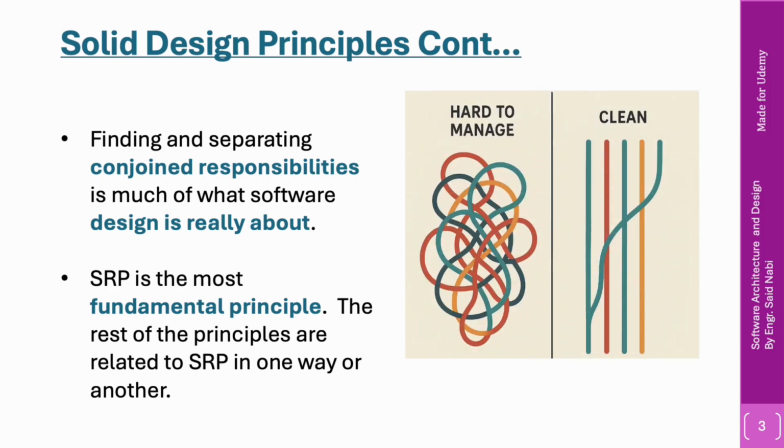And here you can see two types of wires, and these are tangled wires, and it's quite hard to manage. And on the right hand side you can see clean wires which are easy to maintain. So master SRP first, and the rest of the SOLID principles are easy to understand, and a class focused on a single responsibility is the first step to a clean and maintainable software system.